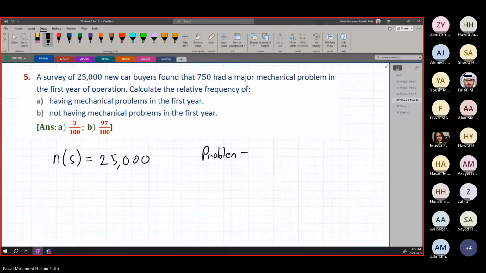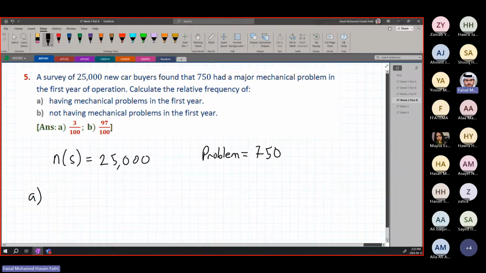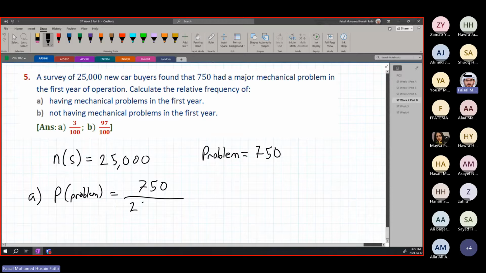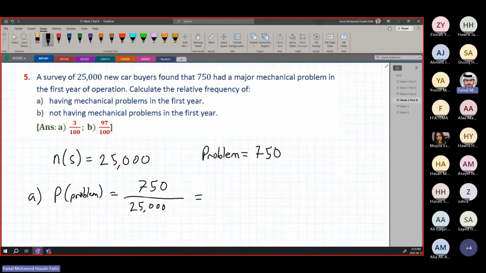We had 750. So part A, having mechanical problems, so P of problem is going to be 750 divided by 25,000. So the relative frequency or the probability of it having a problem is going to be 3 over 100 or 0.03.